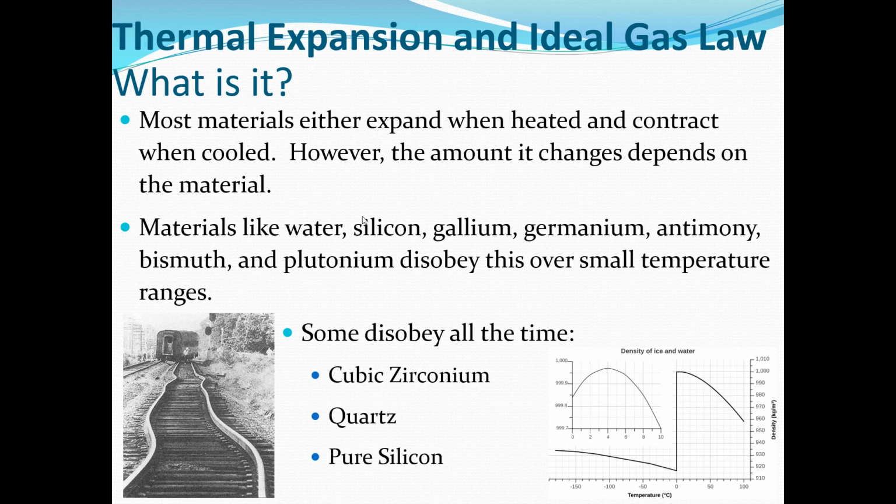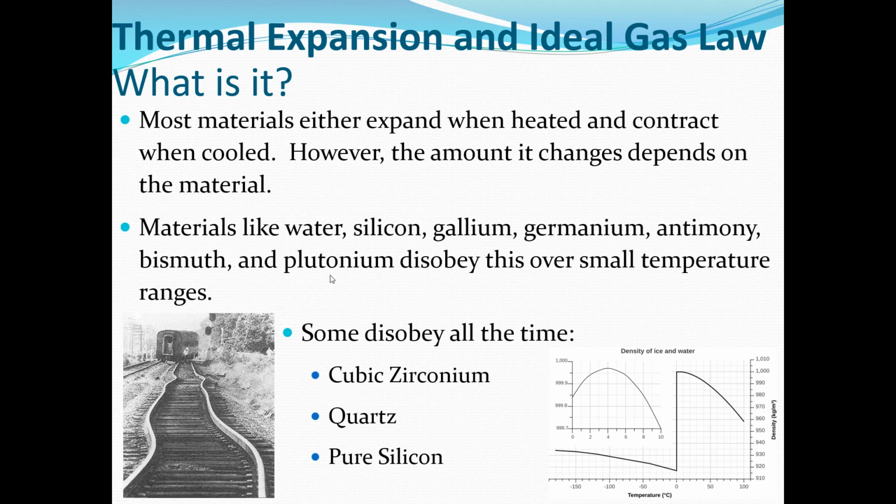Or why when you're building something in the winter time, you really need to make sure that there is a gap between wooden planks for that expansion. Now for the most part, every item expands and contracts pretty much in a similar way. However, things like silicon, water, gallium, all these items tend to disobey this idea over small temperature ranges.